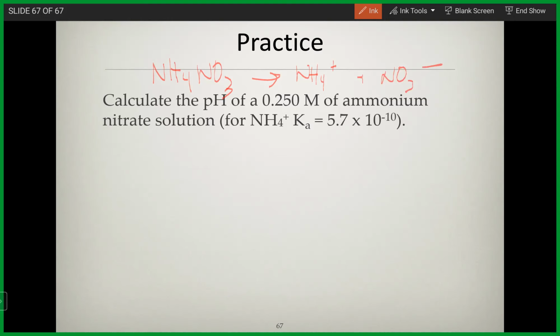And then with this one, it's going to be the same idea. So we'll have NH4 plus plus H2O, so NH3 plus H3O plus. And with this one, we look at our ice table.